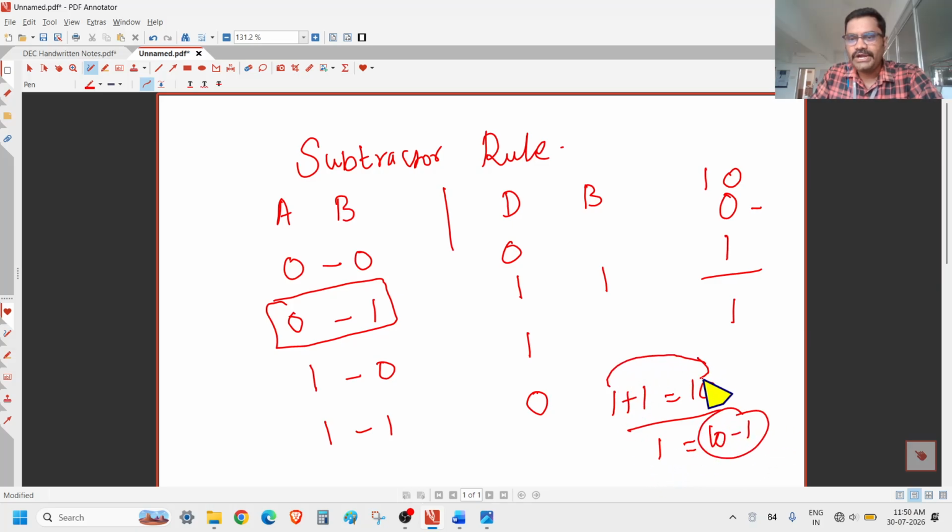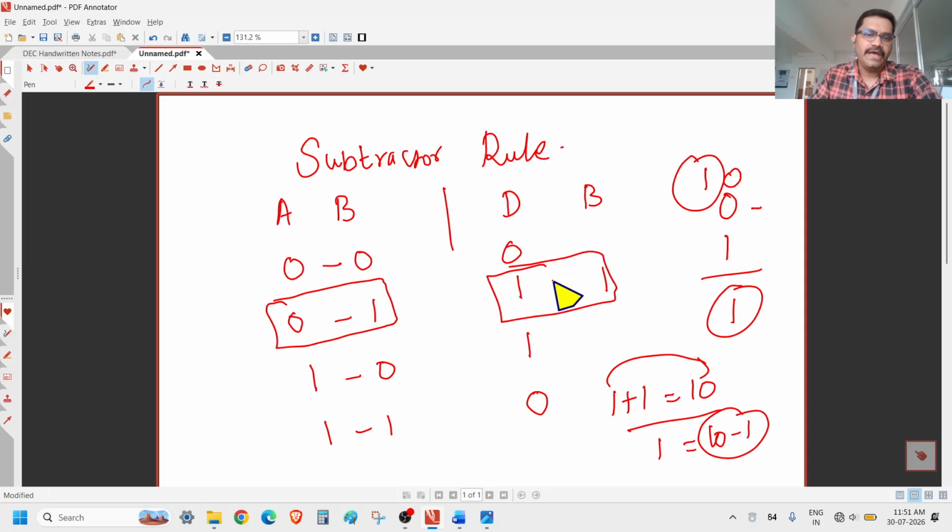So this is how 0 minus 1 works, we just took a borrow. After taking the borrow, the result is 1, that is, the difference is 1, and the borrow is also 1. So 0 minus 1 gives difference 1 and borrow 1. This is the subtraction rule.